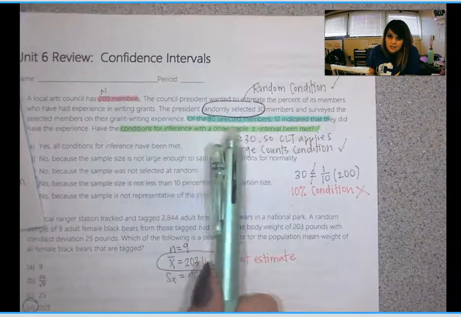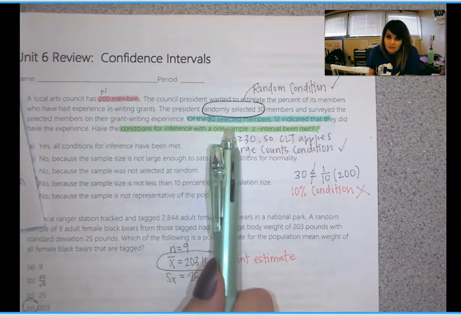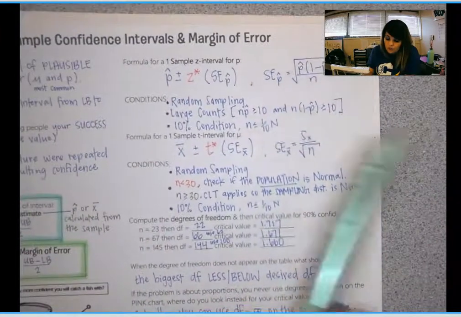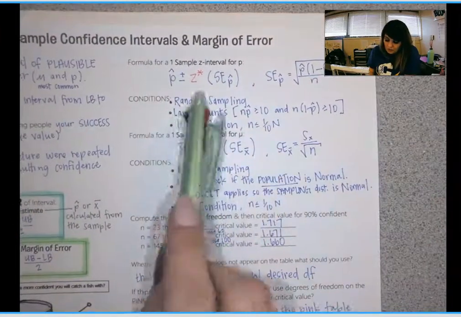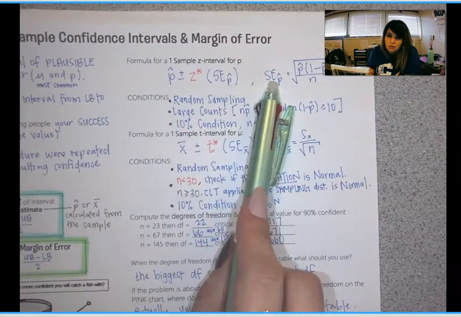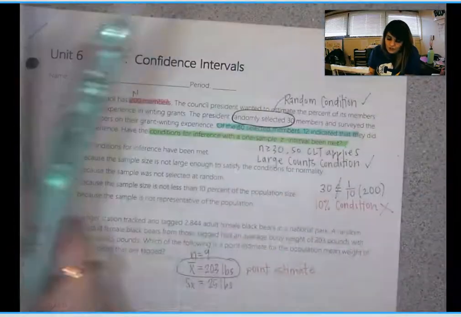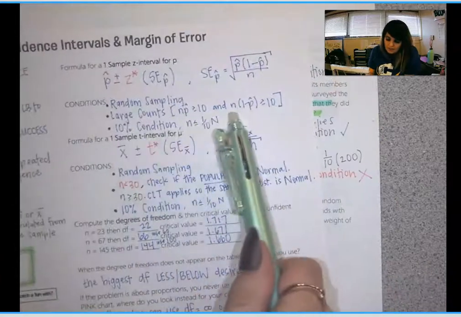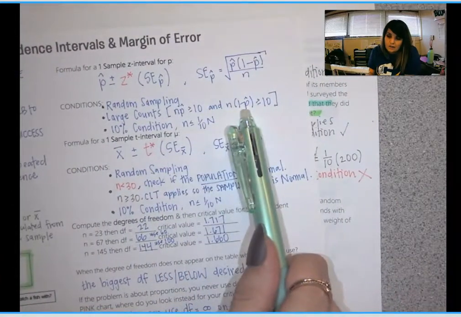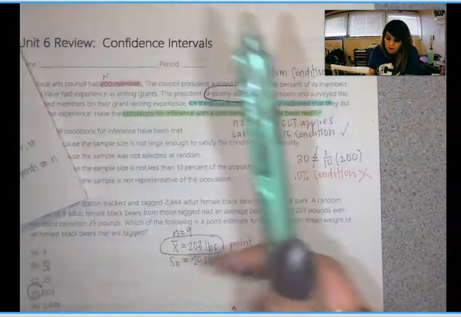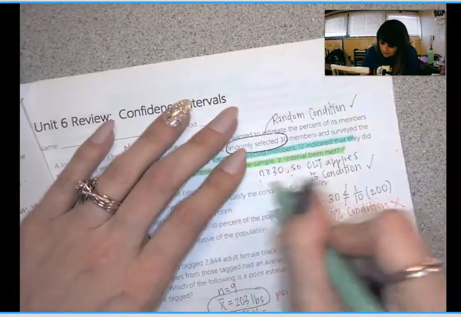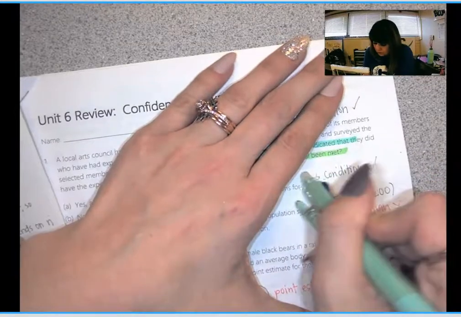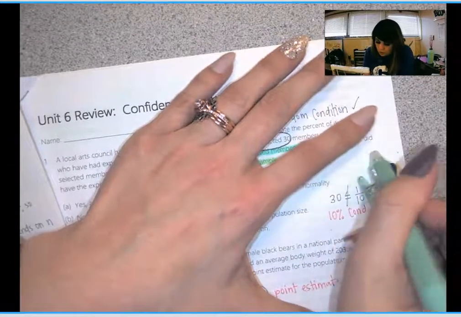So this is asking me specifically about a z interval, and we only use z intervals for a proportion. So I have the wrong check here. If I have a proportion, I should be checking this, and not that the sample size is greater than 30. So I'm going to erase that, and I'm going to do the appropriate work.